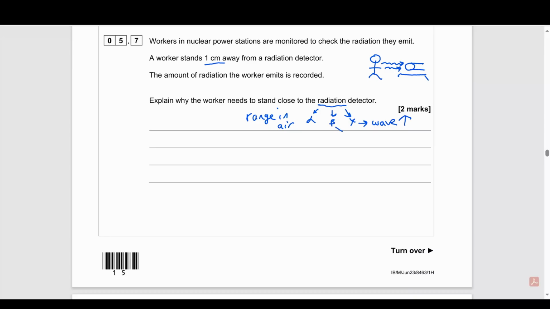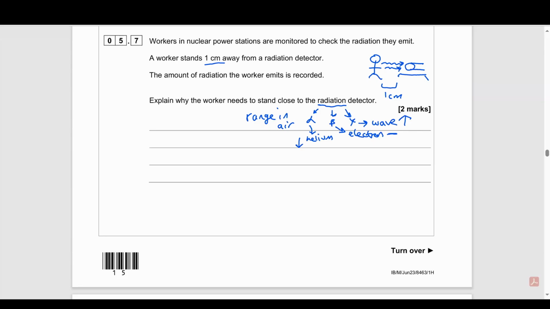Beta radiation is a high-speed electron. So it's going to have a decent range in air, but a bit lower than that of gamma. Remember that alpha radiation is a helium nucleus, 2 protons and 2 neutrons. Because that's quite a large particle in comparison to the other two, it's going to have quite a short range in air. So a very, very short distance it can travel. Remember that the question told us that the worker needs to stand 1 centimeter away from the radiation detector.